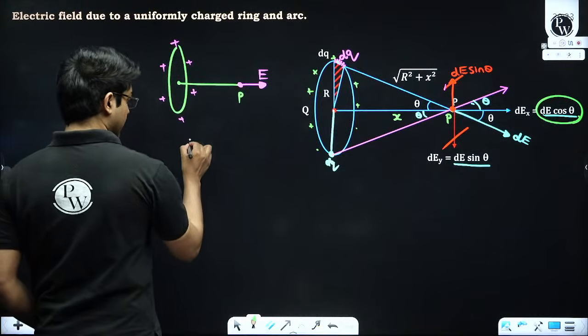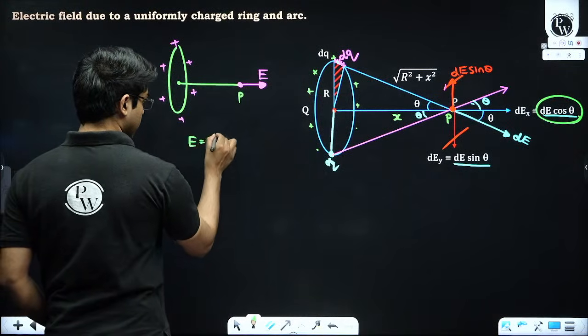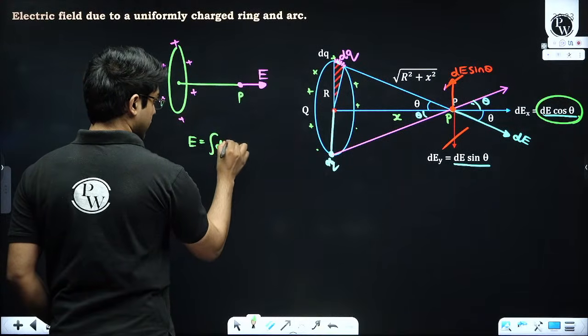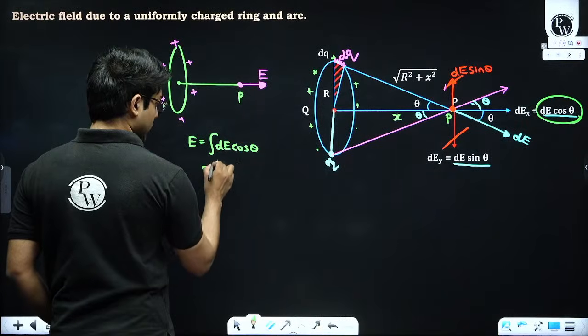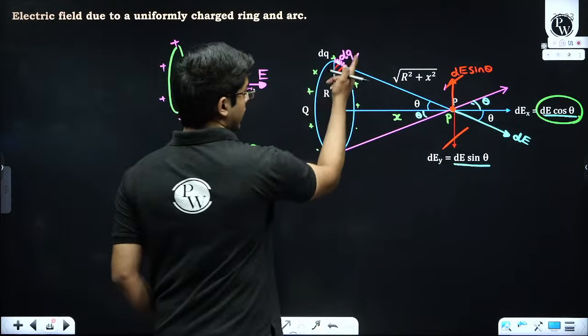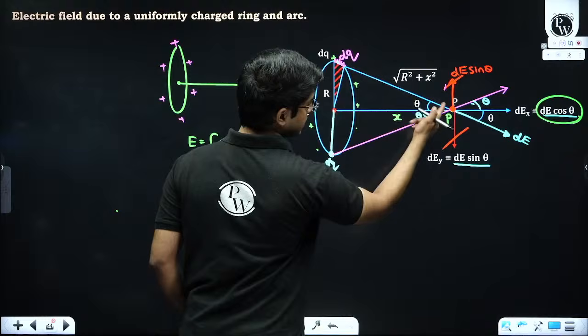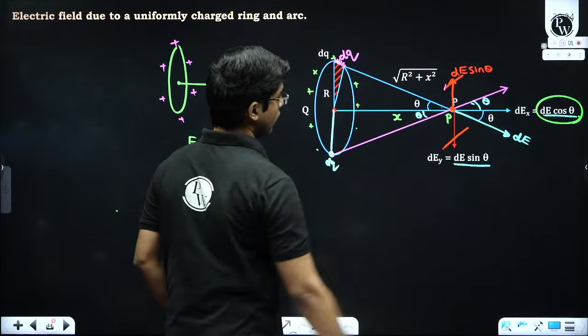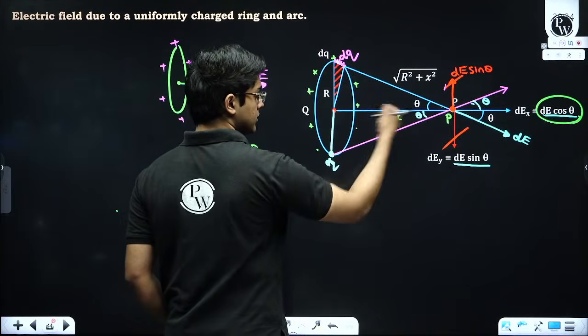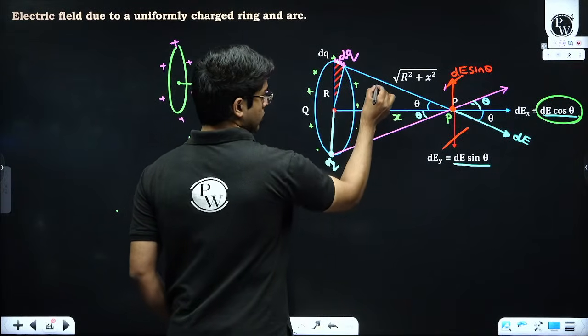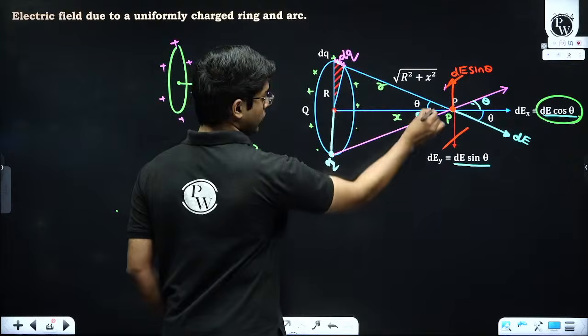So the net electric field will be the integration of dE cos theta. What is dE? dE is kq divided by this distance squared. The radius is taken as capital R, this distance is taken as x. I'll call this hypotenuse small r for some time.